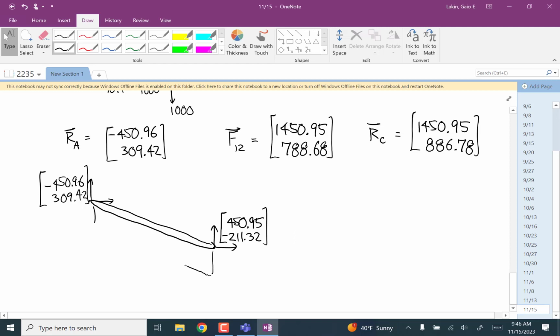And then we have a downward distributed load. The whole thing has a length of 2 meters, so this is 98.1 divided by 2, 49.05 newtons per meter.